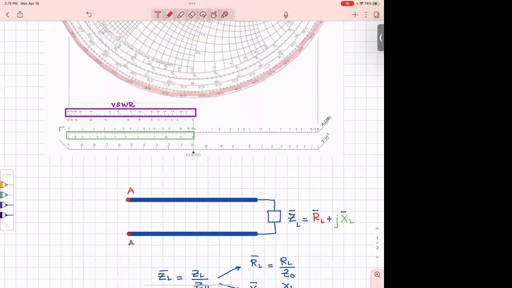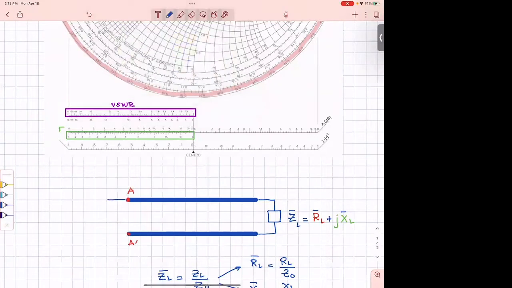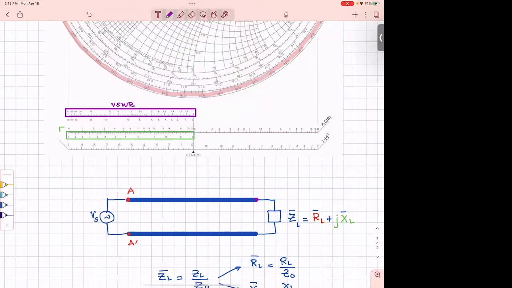A prime. And that's where I place the generator here. This base, this is the output port, B prime. All right.